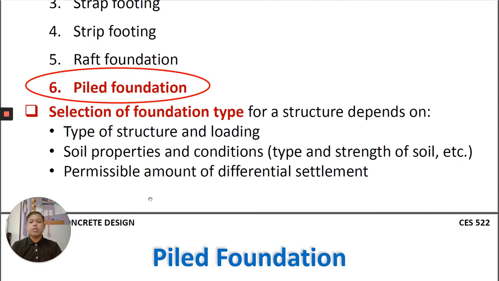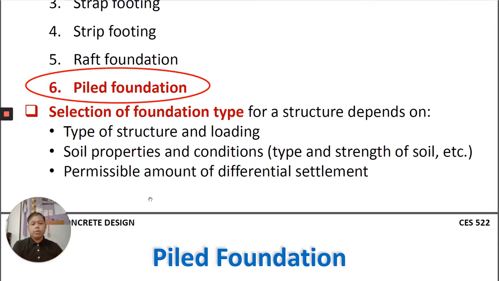Second one is the soil properties and also the condition of the site. For example, from the soil investigation, we will know the type and the strength of the soil in order for us to choose the suitable foundation type. For example, if it is a soft soil, there is a possibility that the type of foundation we are going to use is a deep foundation.